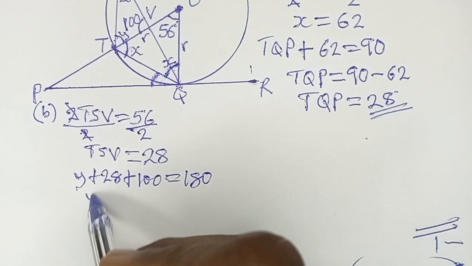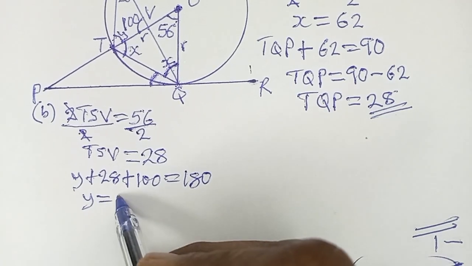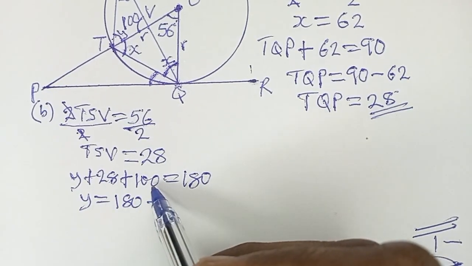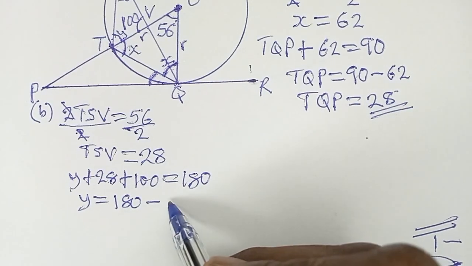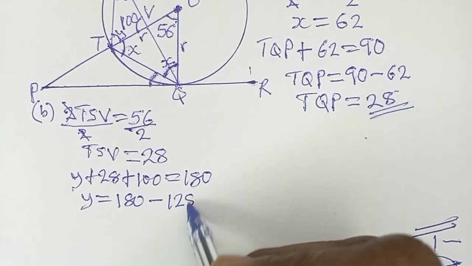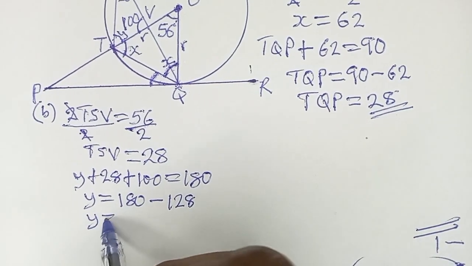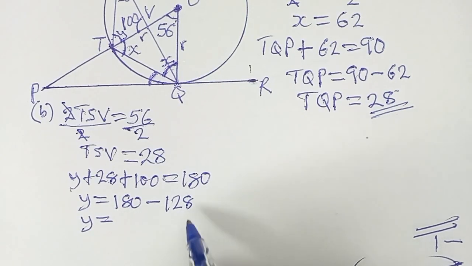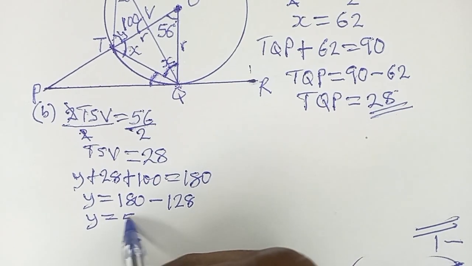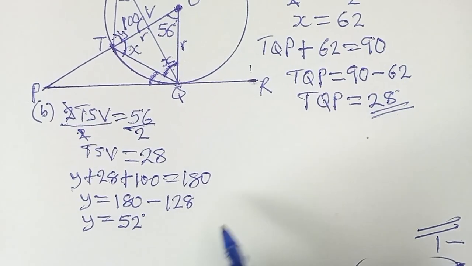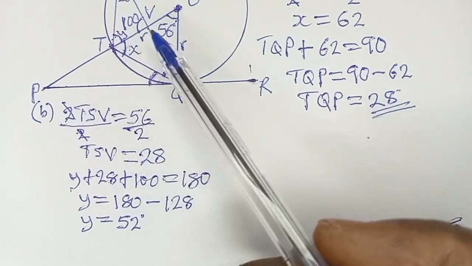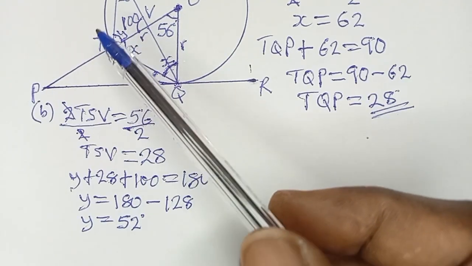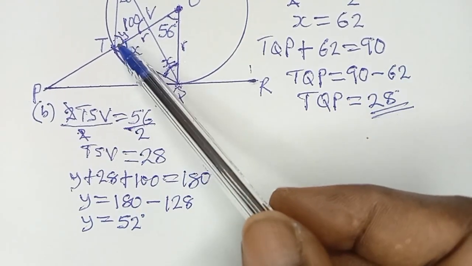So Y will be equal to 180 minus 28 plus 100, which is 128. When it comes to this side, it becomes negative 128. So Y will be equal to 180 minus 128, which gives us 52 degrees. This angle Y here is 52 degrees.